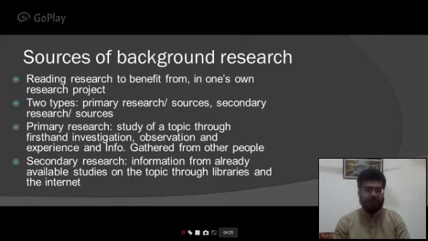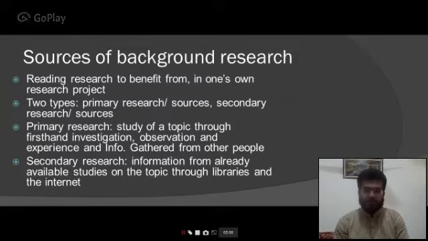Simply speaking, primary sources are the sources on which the research is based, which the research wants to explore. On the other hand, secondary sources are those sources which help us collect more information about the topic and expand our discussion.